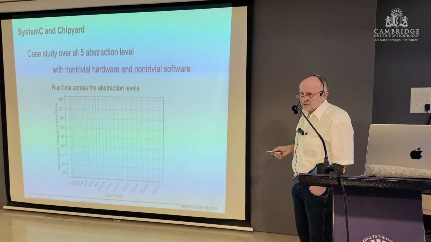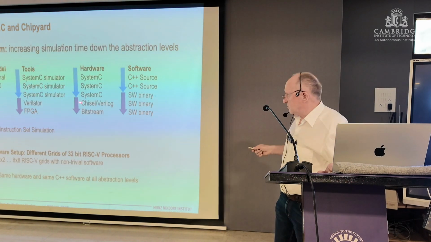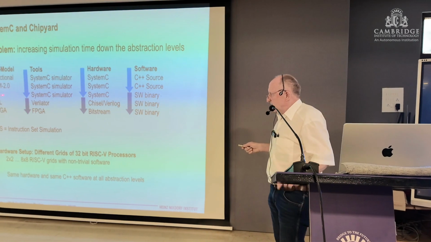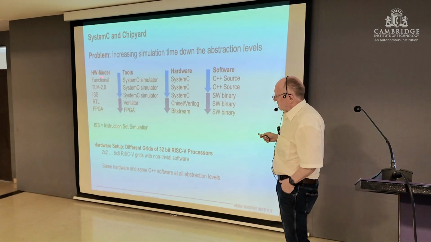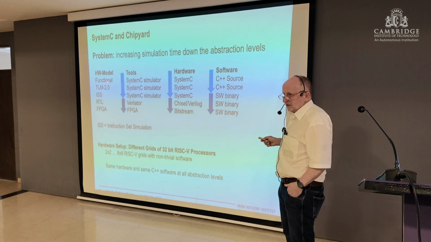There we measured. What you can see here on the left side are the well-accepted so-called levels of abstraction. In theory, this is the academic way.